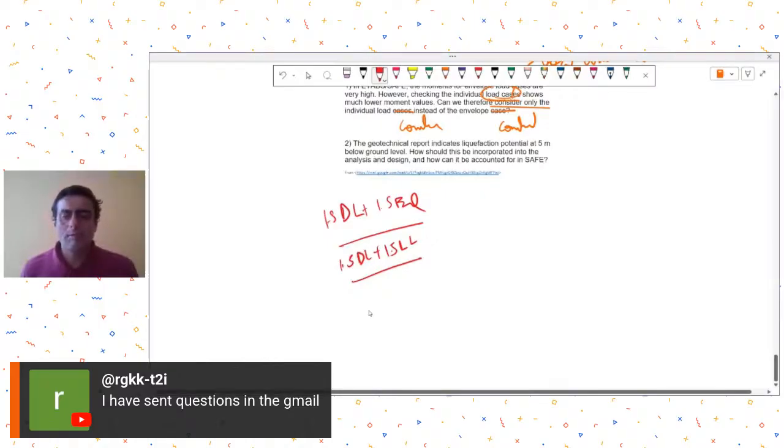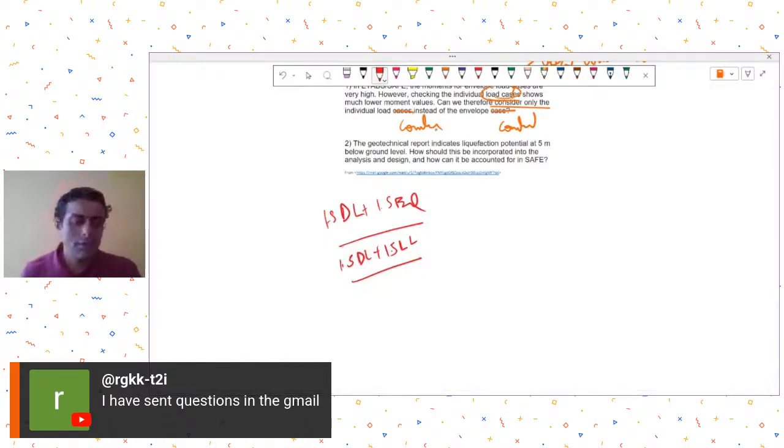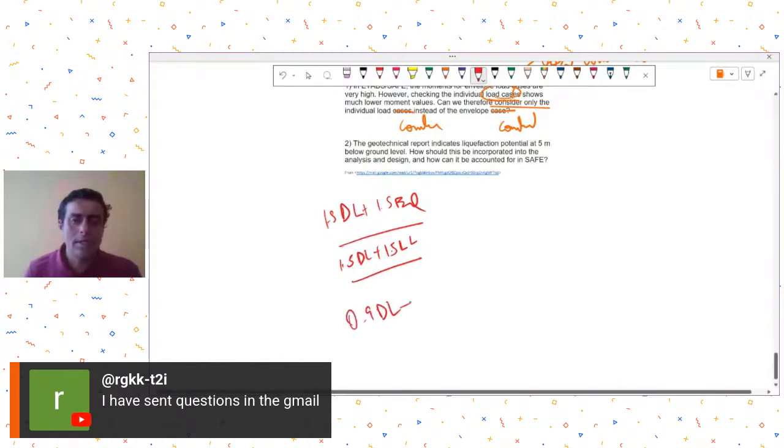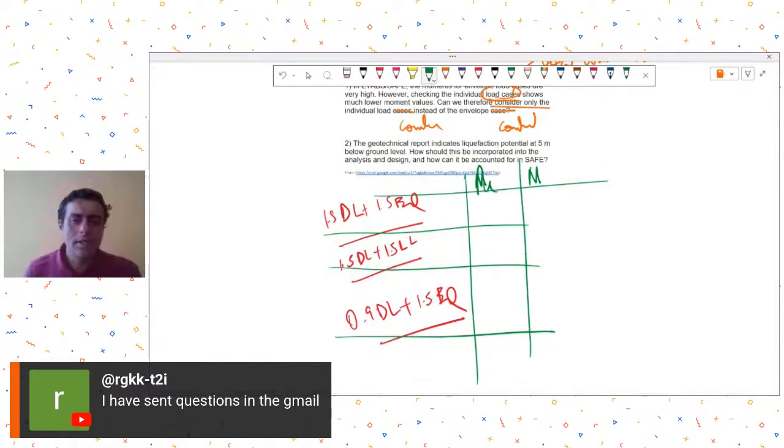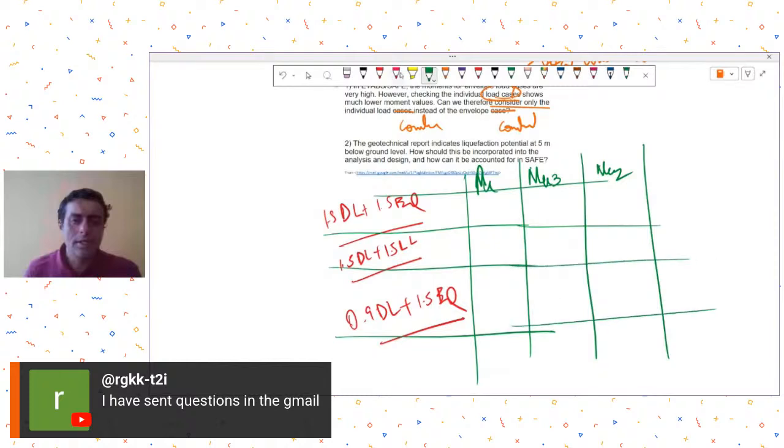But if you are doing a design, let's say in case of columns, where the combined effects of axial forces and moments have to be incorporated in design, then taking the values from enveloping combinations is incorrect. For different load combinations, let me write down axial force Pu, Mu3 and Mu2, in the case of a column.